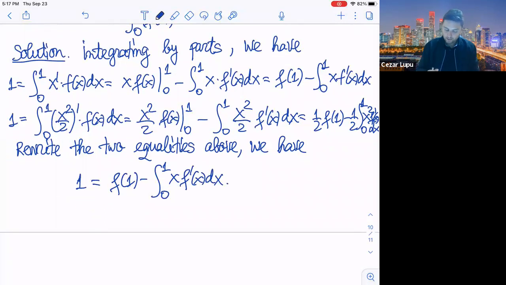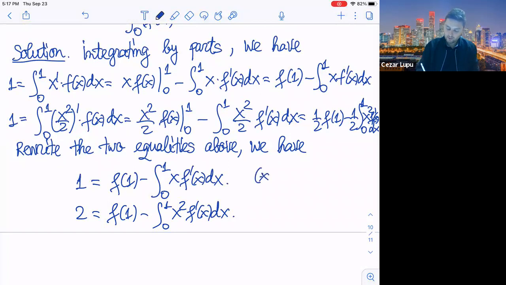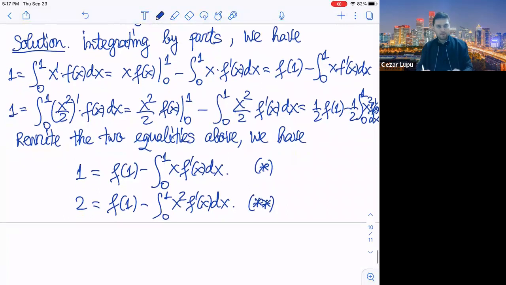And the second one is 2 equals f of 1 minus the integral from 0 to 1 of x squared times f prime of x dx. All right, so let's call this star and this double star. I have these two relations, so maybe I should do something about it.